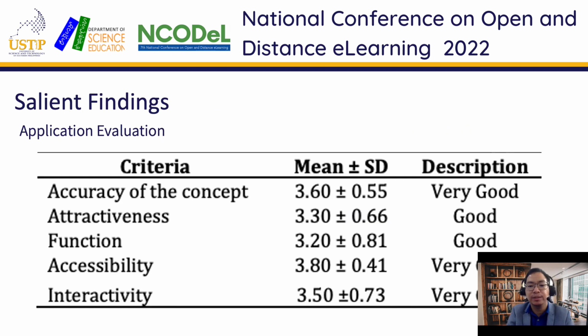As shown, the VCLMA has been rated very good in the accuracy of the concept, accessibility, and interactivity, while good in attractiveness and function. It is noteworthy that the application has been rated highest in both accessibility and accuracy of the concept.